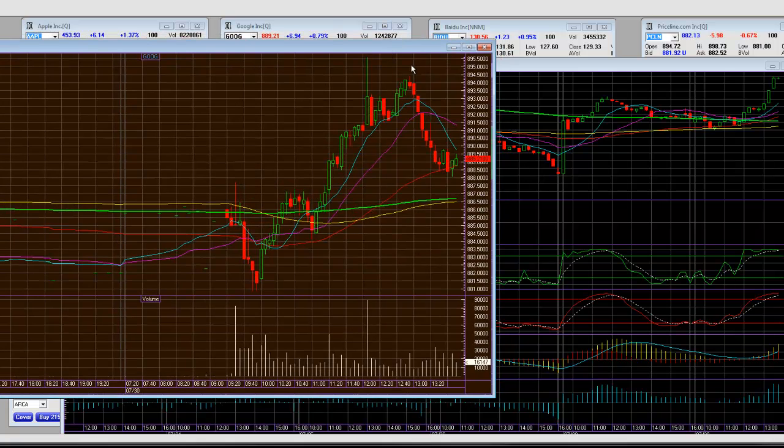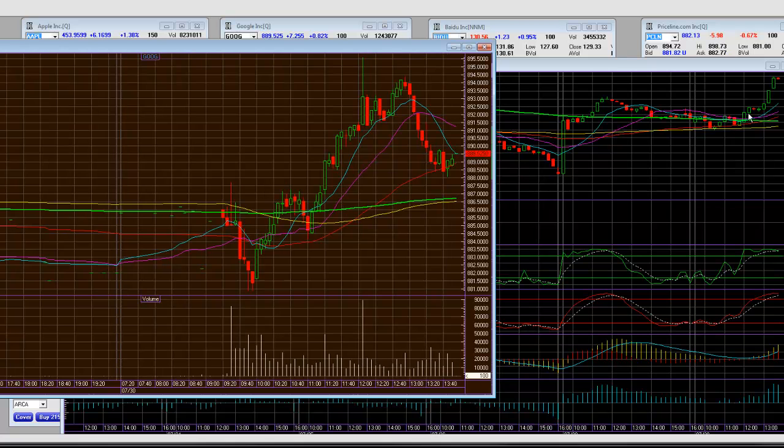One of the things that we want our new MMTs to understand is the following. When we are breaking higher on a 5-minute level, the intraday trade management is to be net short from those highs.